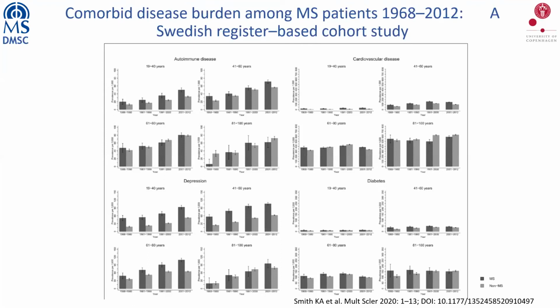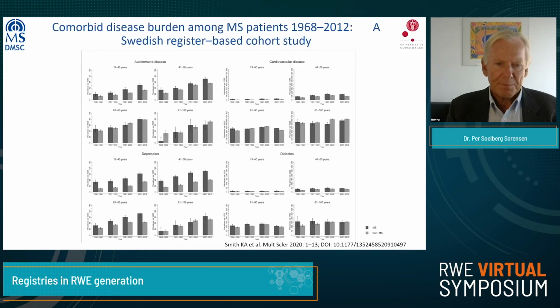Then it levels out. There is no difference in cardiovascular diseases in MS patients compared to non-MS patients, whereas there is a strong predominance of depression, particularly in the younger age groups, in MS patients compared to non-MS patients.